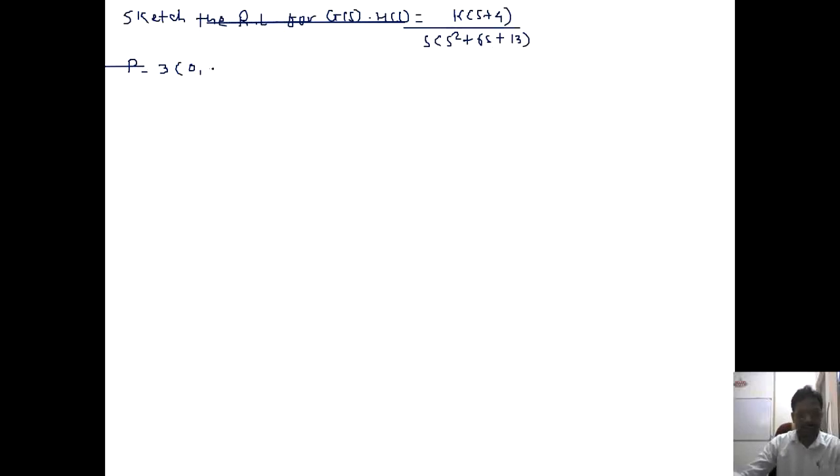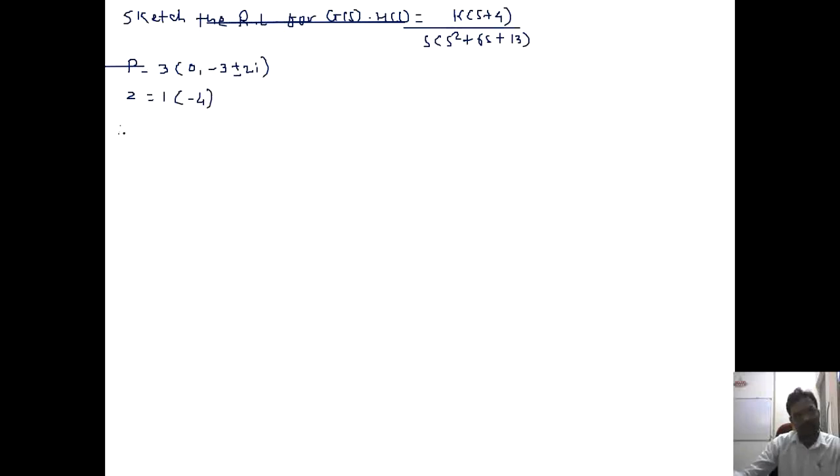So you will get roots as minus 3 plus minus 2i. Okay, so minus 3 plus 2i and minus 3 minus 2i. These are the poles, and a zero is also present here. So z is 1, and the value is s plus 4 equal to 0, that is s equal to minus 4.